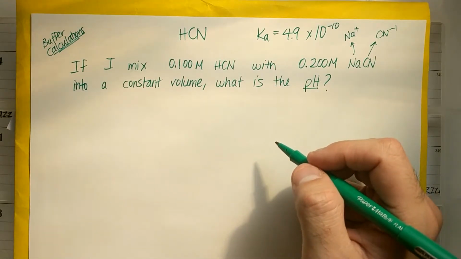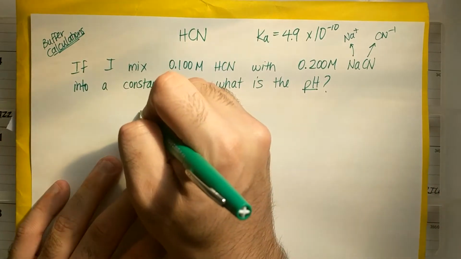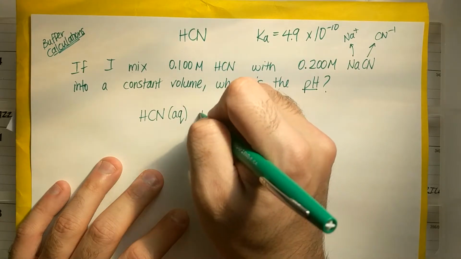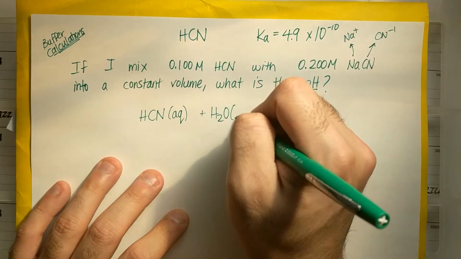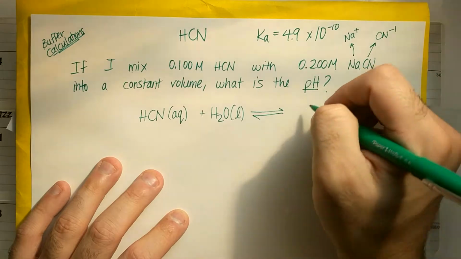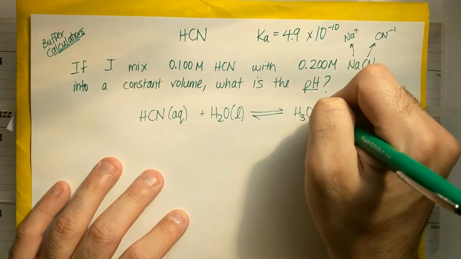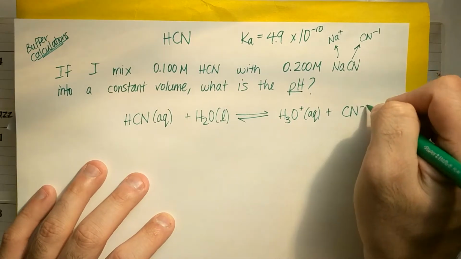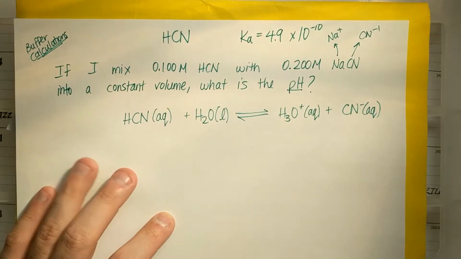You could do the acid dissociation or the base dissociation. Let me just do the simple acid dissociation. HCN aqueous plus H2O liquid in equilibrium with H3O plus aqueous plus CN minus aqueous.